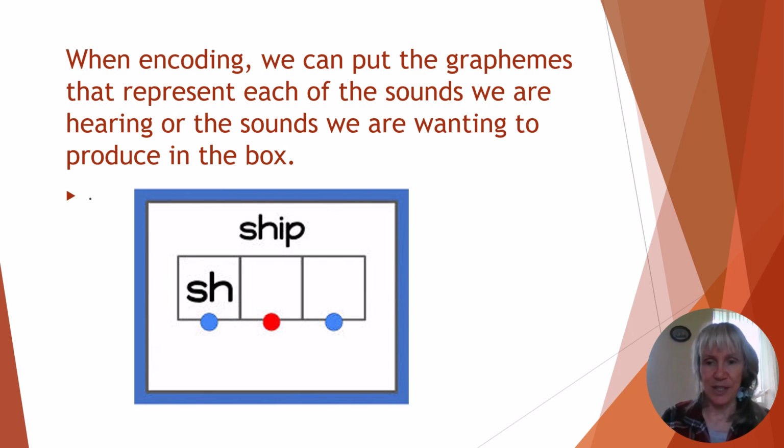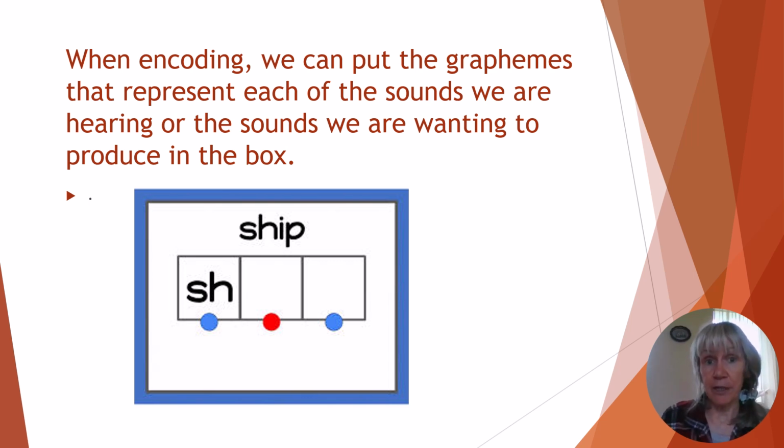So we can use them when we are building words. And when we build words, remember, we are trying to say a word. We are writing a word or spelling a word that may be dictated to us. We can use these boxes by putting the special graphemes that represent each sound into the box it belongs in.